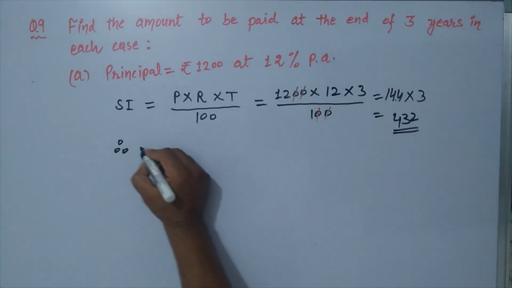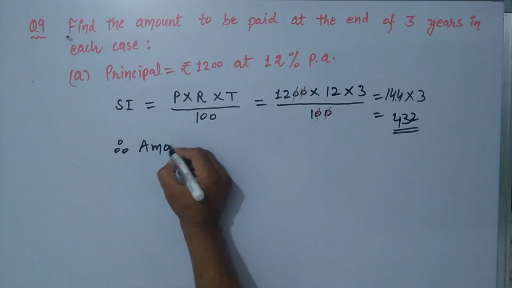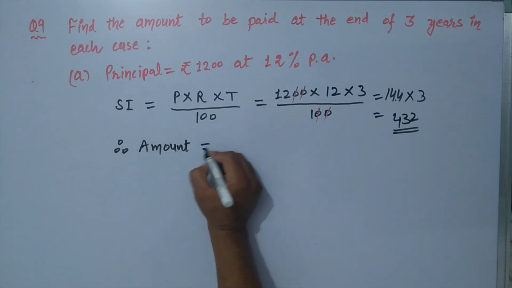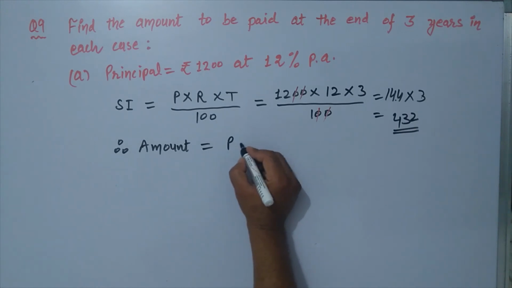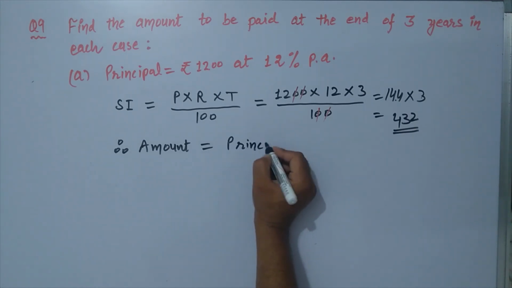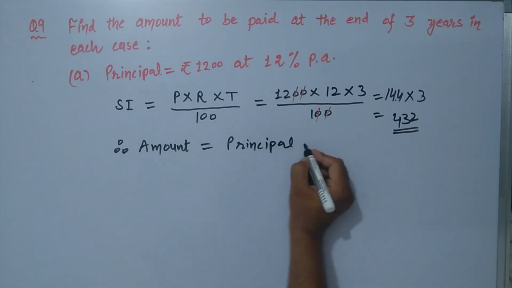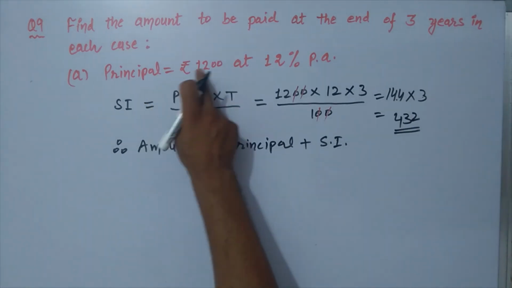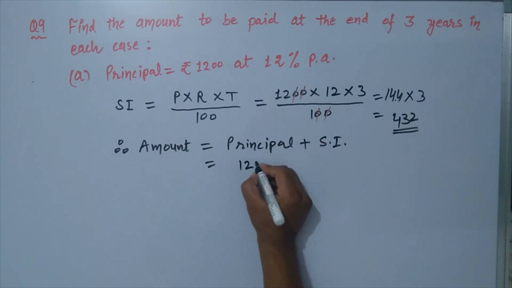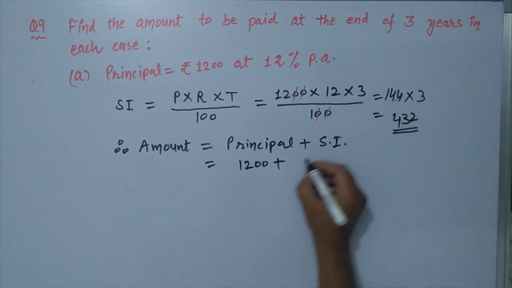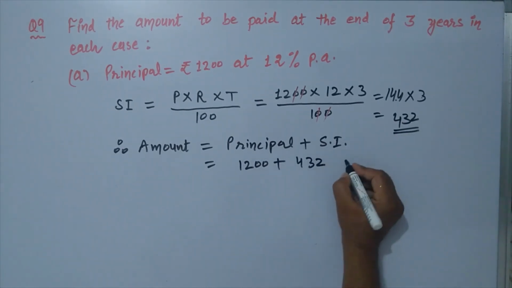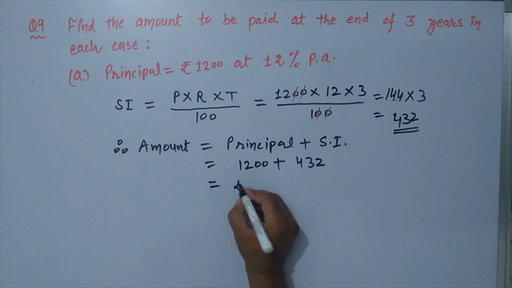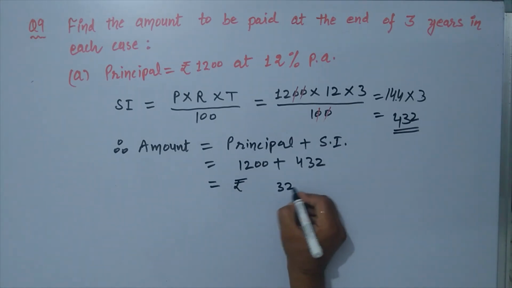Therefore amount is equal to principal plus simple interest. What is the principal amount? This is 1200 plus 432. So the answer is rupees 1632.